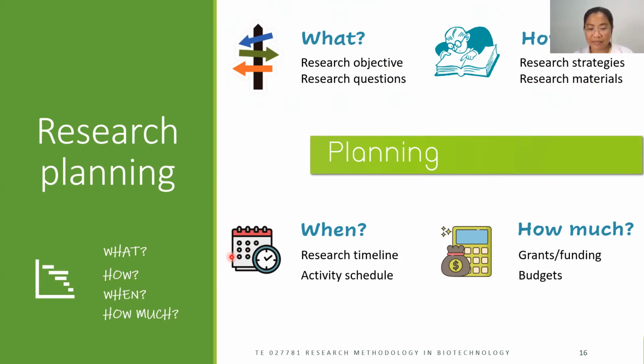Part of the planning really is the when and how much. This is the planning part. How much is what we talked about already. The when is the research timeline and the activity schedules. If you're looking at your proposal report, it is toward the end of your proposal.